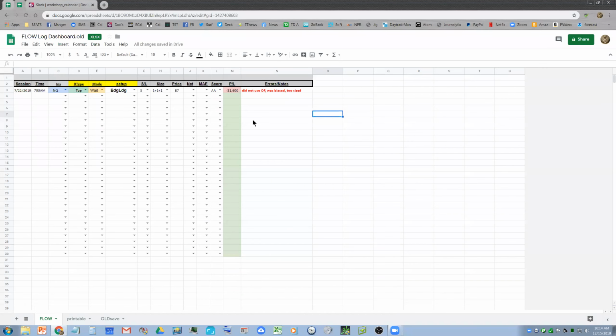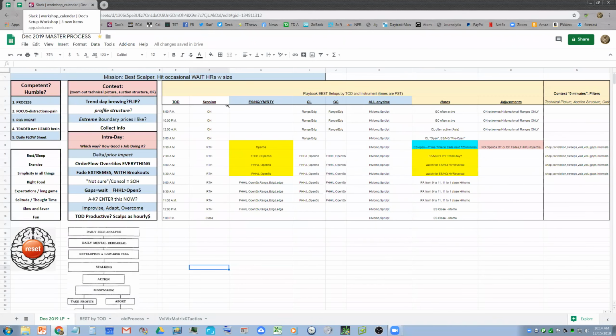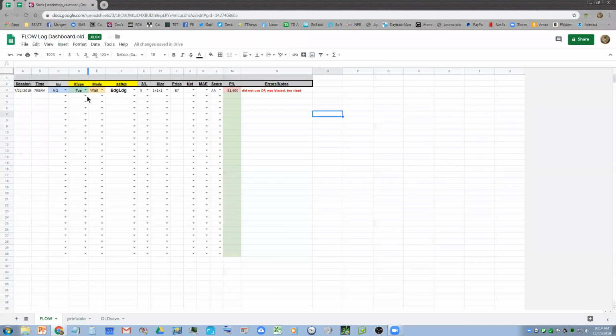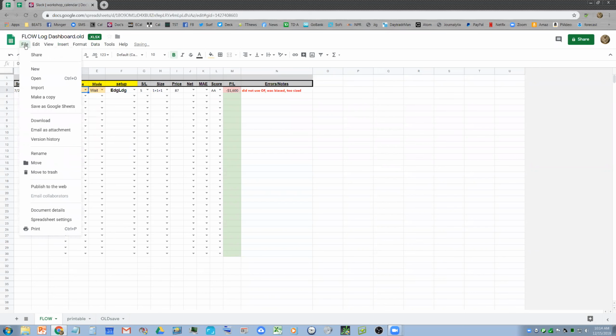I do have the original template of this. It's not in this form like this one, but it'll save a tiny bit of time because I've already started doing the choosers, where you can choose an instrument. And I also have something in here called day type, which is like trend up, trend down, range, overnight. So if you want, I can share this one too.